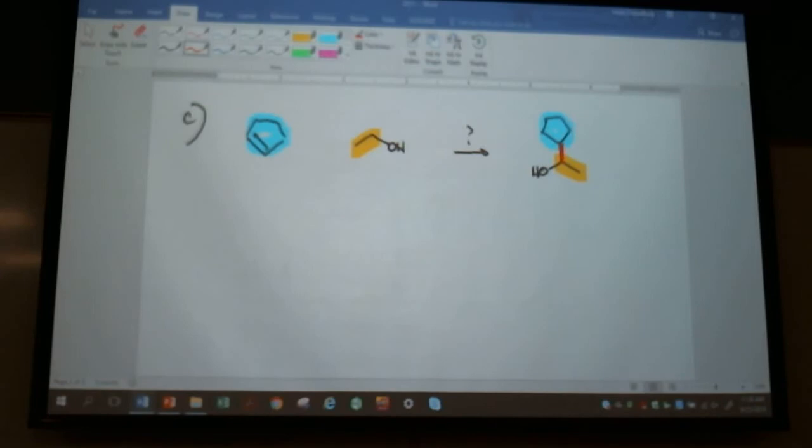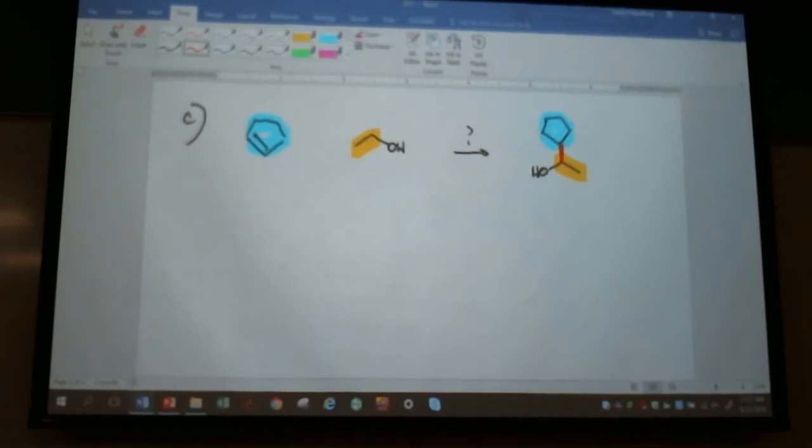How do we make carbon-carbon bonds that result in the formation of an alcohol? I make a Grignard from what? A halide. And my Grignard, to form an alcohol, needs to attack an aldehyde or ketone. I don't have either one of those things. I need to make them first.